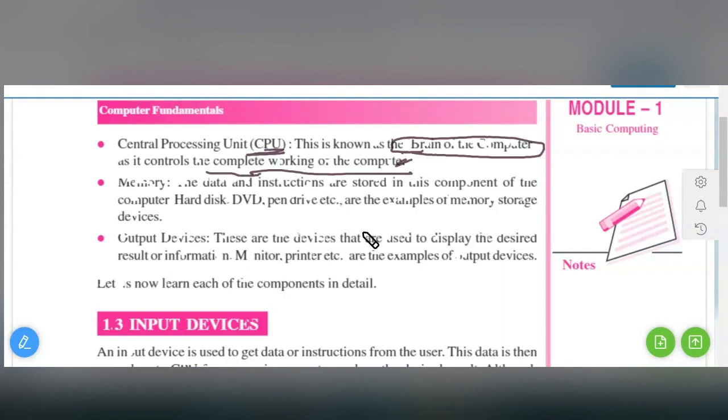Now the next component is memory. The data and instructions are stored in this component of the computer: hard disk, DVD, pen drive, all those things. So what is the use of memory? We use memory for storing information.